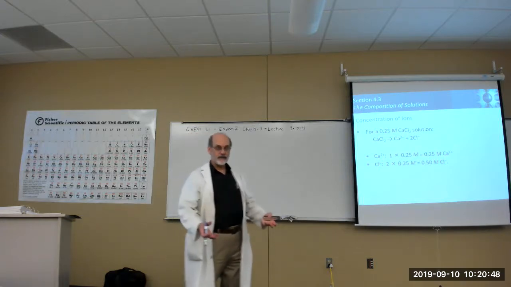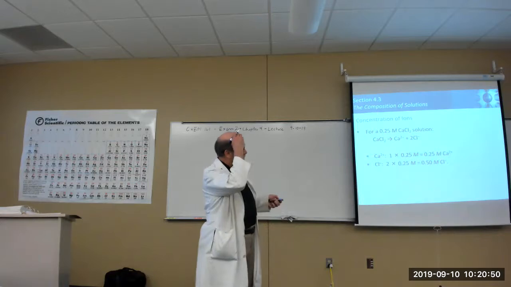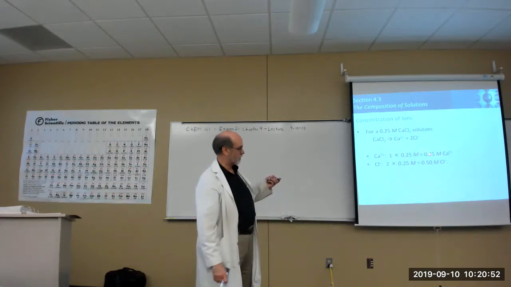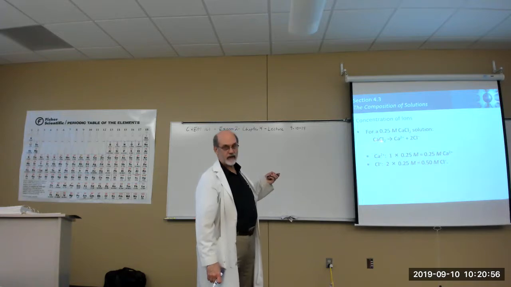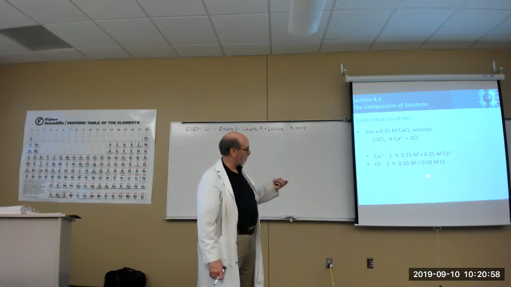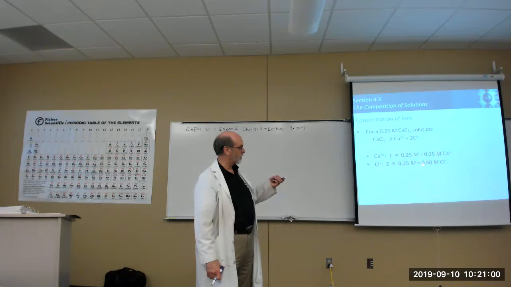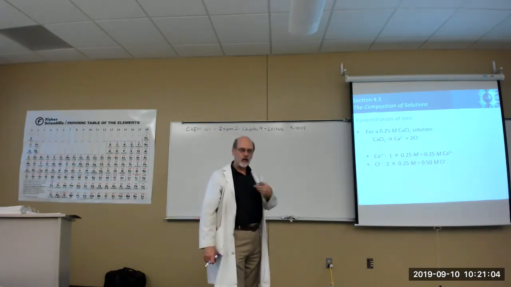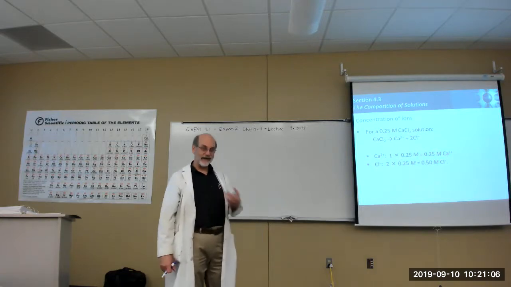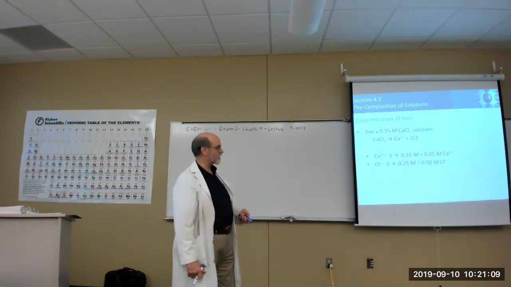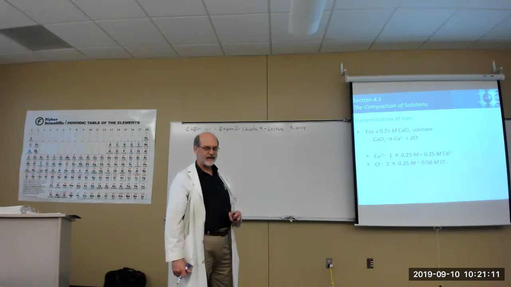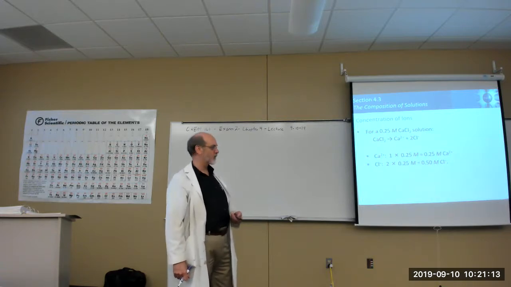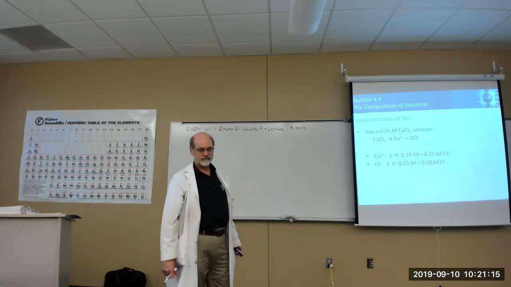So now what's the molarity? Well, in terms of calcium, it's 0.25 molar because you've got 1 calcium for every calcium chloride. But for chloride, you've got 0.5 molar chloride for every 1 calcium chloride. So the total molarity of ions or electrolytes in this solution is actually 0.75 molar in electrolytes.